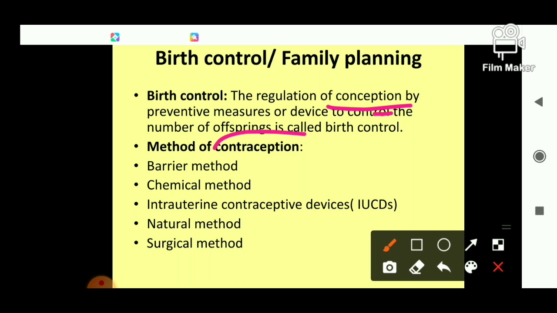The main word is contraception. Contraception is the avoidance of pregnancy, and there are several methods for it. The first is the barrier method, second is the chemical method, then intrauterine contraceptive devices are also available, the natural method and the surgical method. Now we will discuss one by one.